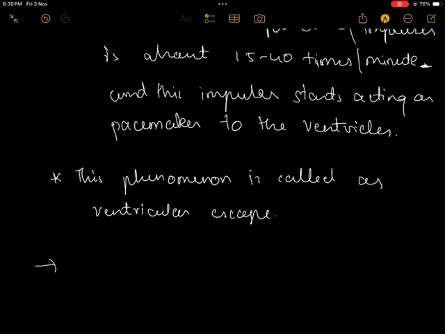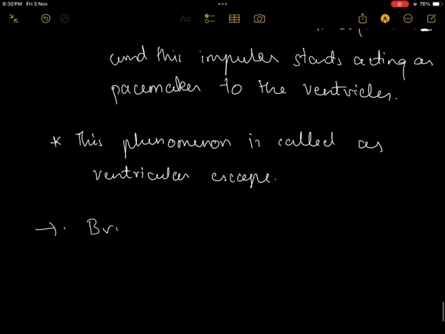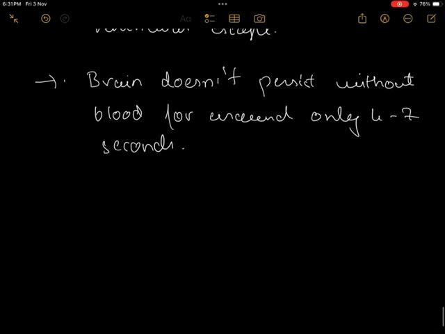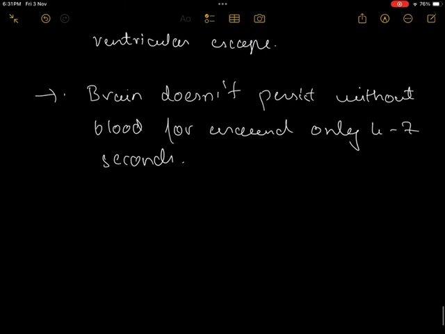We know that the brain doesn't persist without blood for more than around 4 to 7 seconds. So there will be a severe case of bradycardia, the heartbeat gets decreased, and less blood is supplied to all organs of our body, including the brain.